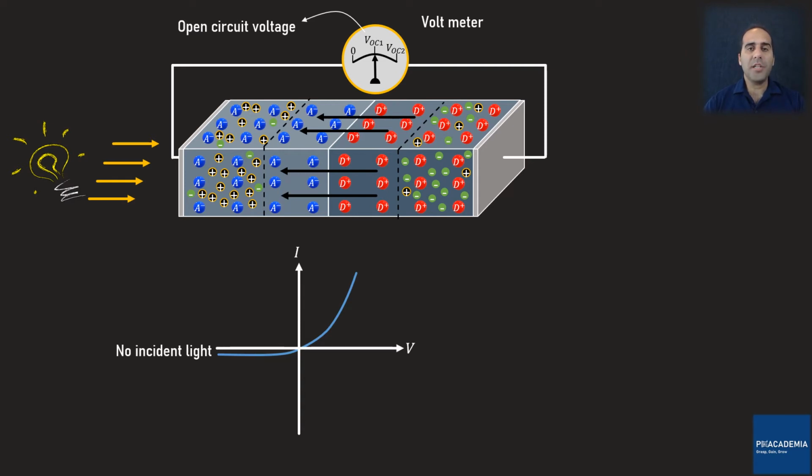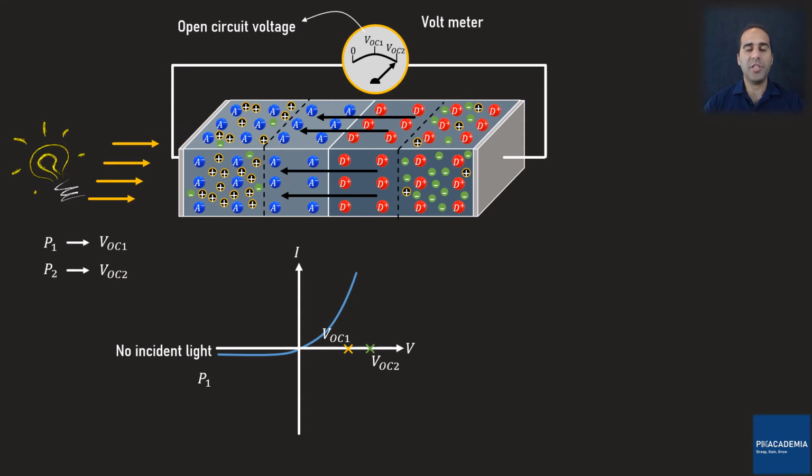If the photon flux P1, that is the cause of V sub OC1, is increased to photon flux P2, more generation in the depletion region takes place, and therefore the open circuit voltage increases to V sub OC2.